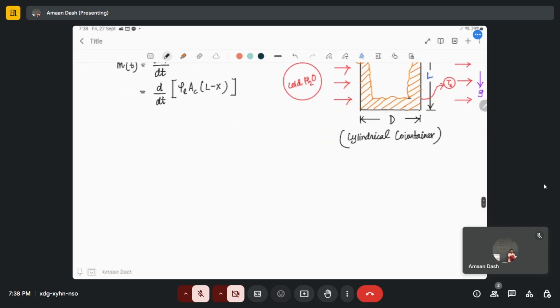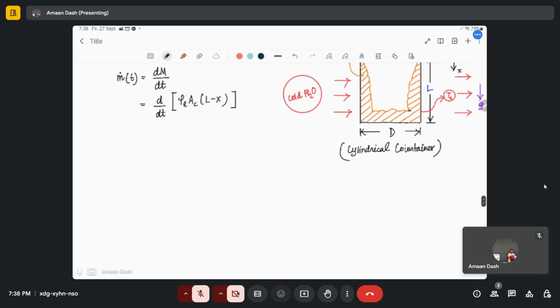Correct. So you see the density of the liquid and the area of cross section are all constant. Only this x is changing, because as more and more liquid accumulates, x will change. So this boils down to minus rho_l A_c times dx by dt.